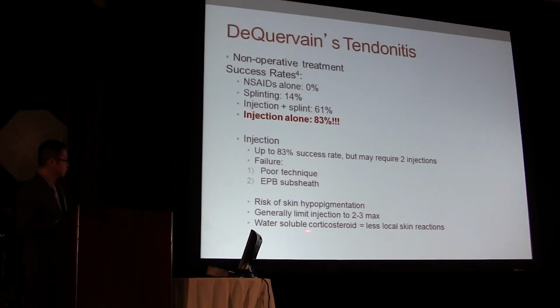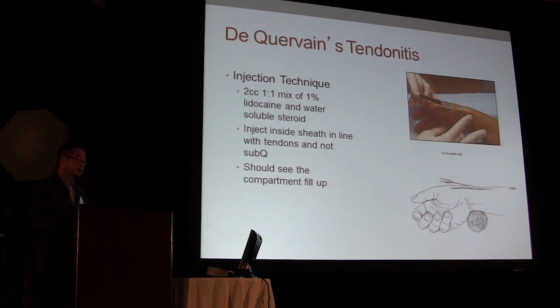What I like to use is water-soluble corticosteroids because it creates less local skin reactions. For de Quervain's tenosynovitis, the mixture is 1-to-1 lidocaine and a steroid, usually a water-soluble steroid, okay? And you would inject along the path of the sheath, and then sometimes, if you get it right, you could actually hear a pop.